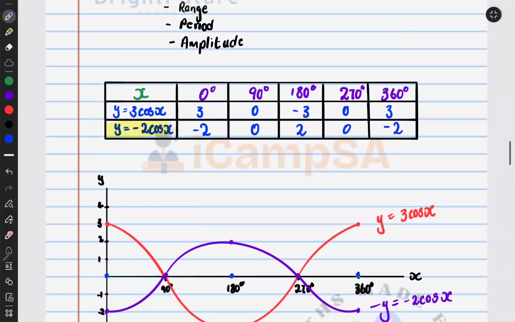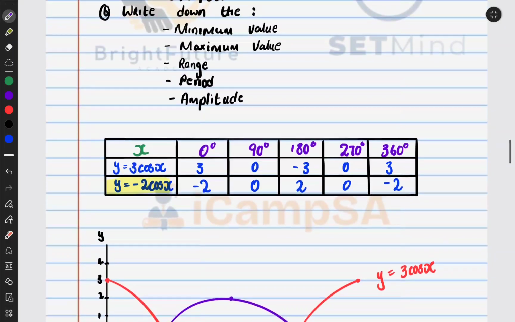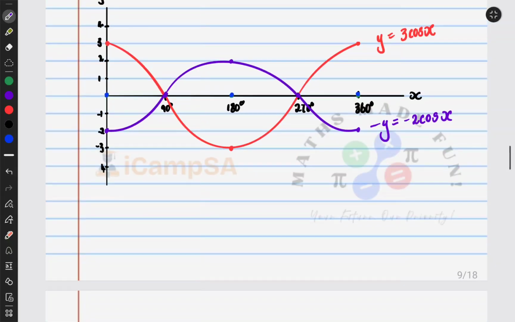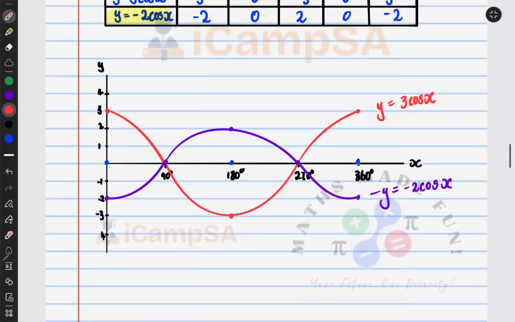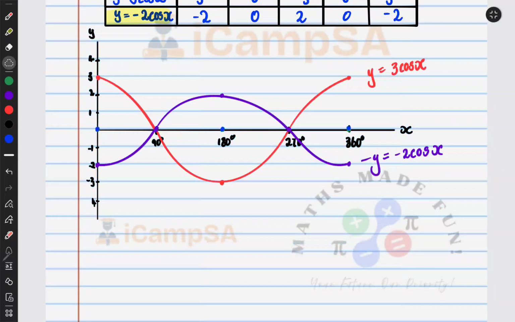Okay, and then same thing again, we look for the minimum value, maximum value, the range, the period, and the amplitude. Okay, so let's start with the red function. Let me actually move this a little bit higher to there.